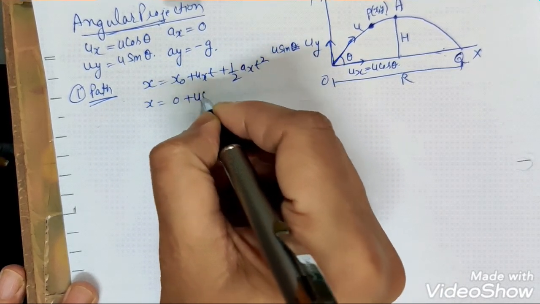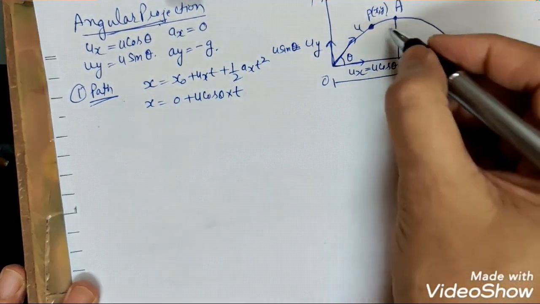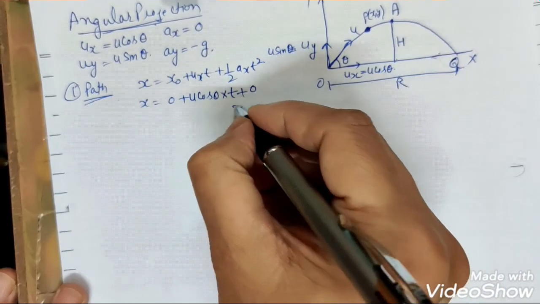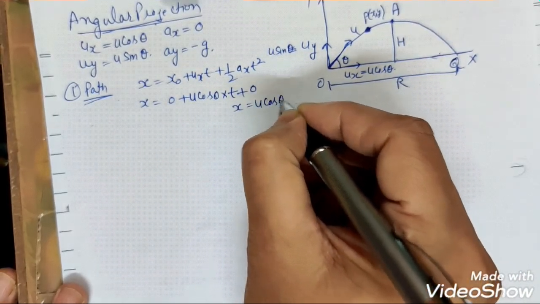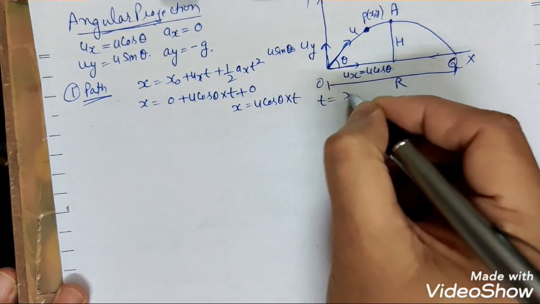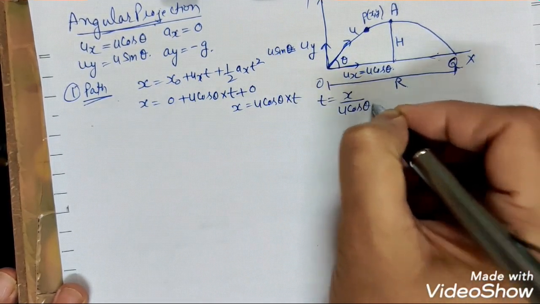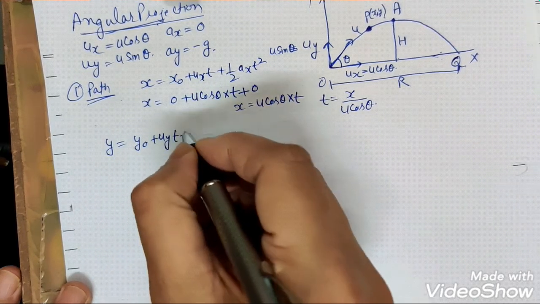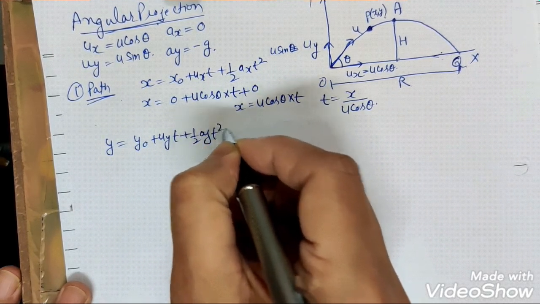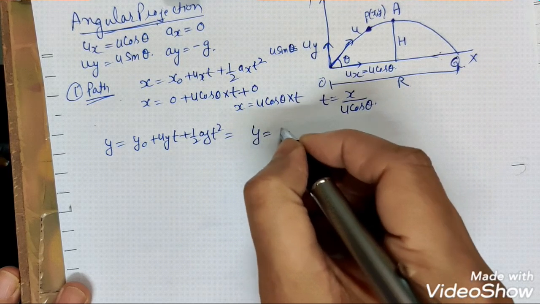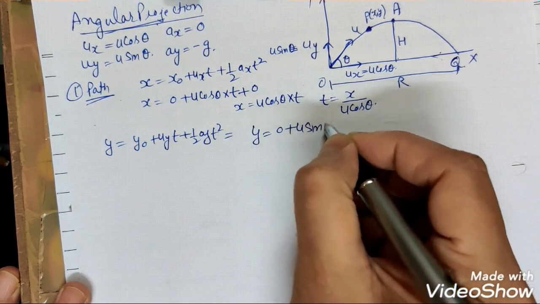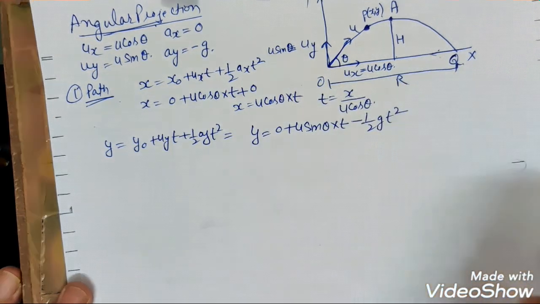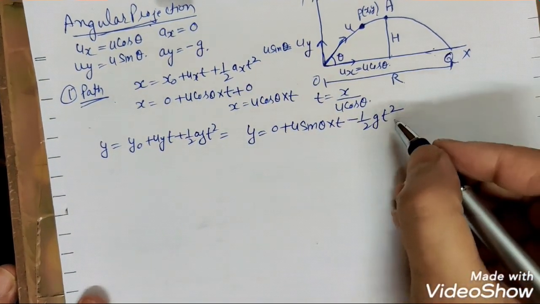Again the first is the path of the projectile. Again the horizontal: x = u_x t + 1/2 a_x t², this is x, 0, u cos theta into t, because this point we are considering at any time t, plus 0. So x is u cos theta into t and t is x upon u cos theta. Now the vertical: y = u_y t + 1/2 a_y t², and we have y, 0, this is u sin theta t minus 1/2 g t², because a_y is minus g.